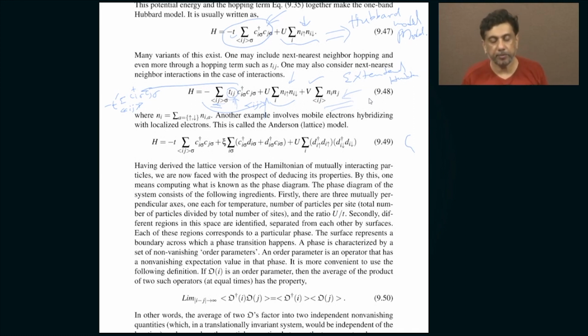Now, once you allow for the possibility of introducing these parameters such as T_ij and U and V and so on, nothing prevents you from becoming a little more adventurous and trying to write down models which do not necessarily have a systematic derivation, the way I have derived this extended Hubbard model starting from the R and P description.